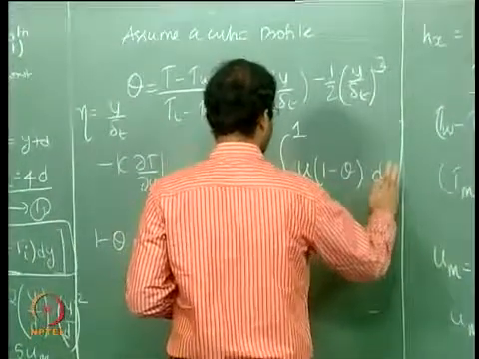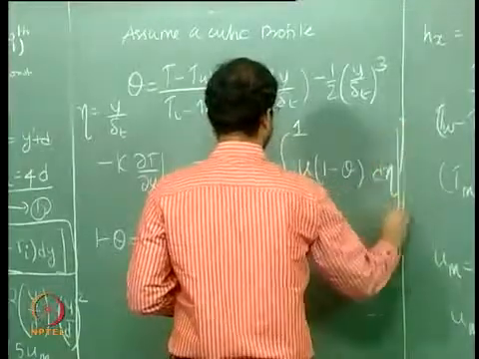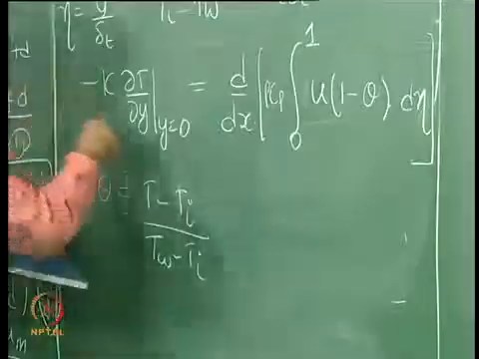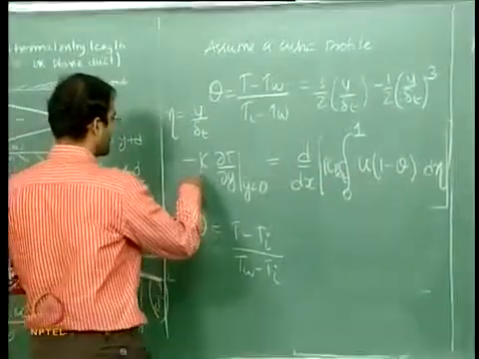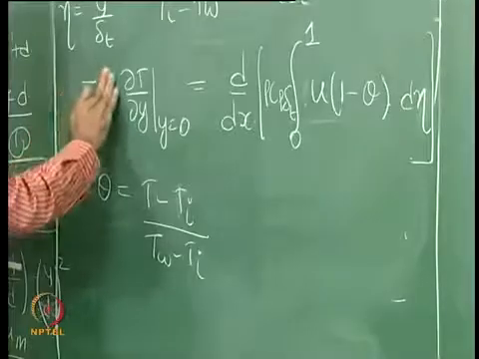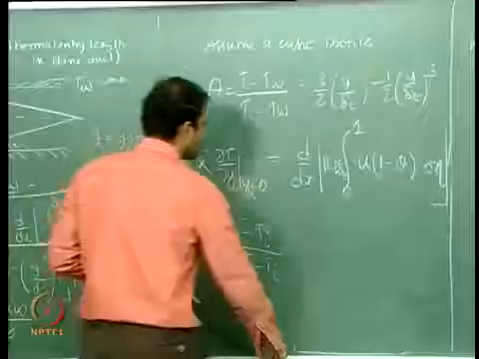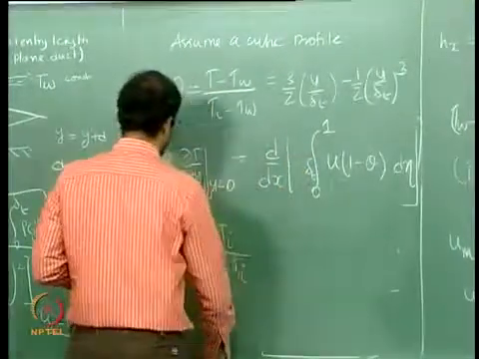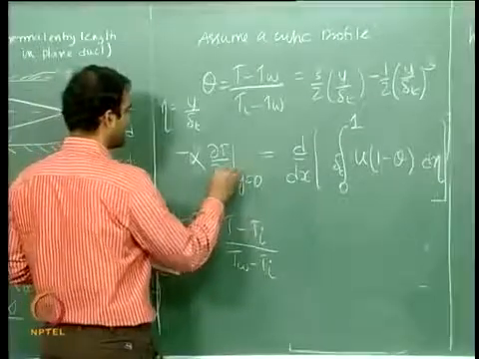So instead of dy I substitute in terms of eta, and if I convert y to eta I have to multiply by delta t. So there is a delta t also which is coming here. Once again this k can be written as alpha rho Cp, so rho Cp cancels on both sides, and I can convert my y in terms of eta.